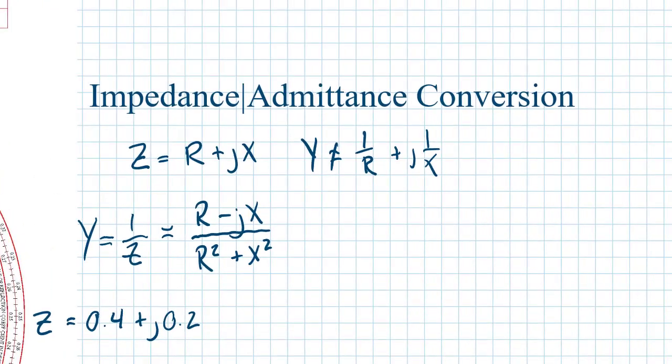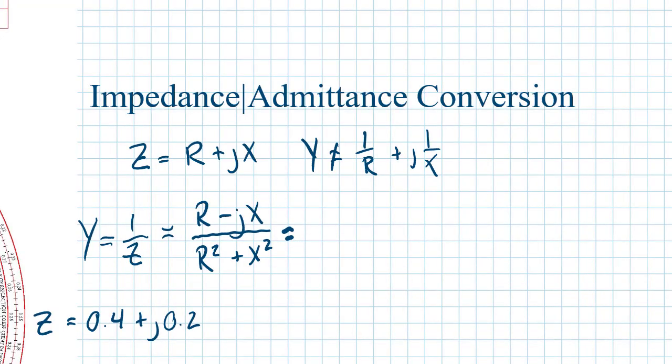If we do the math, we get 0.4 minus j 0.2 over 0.16 plus 0.04.